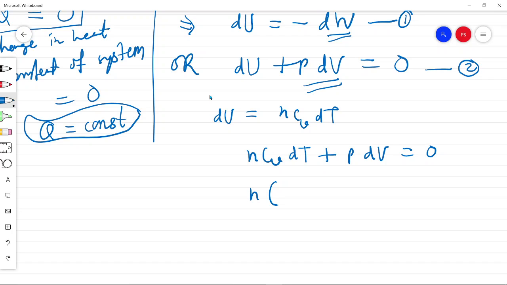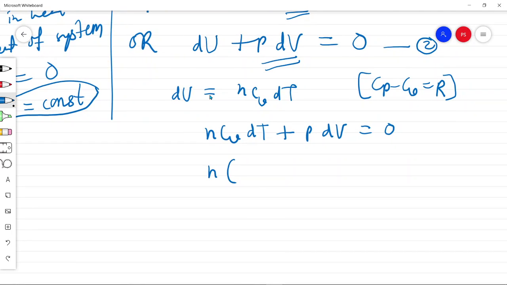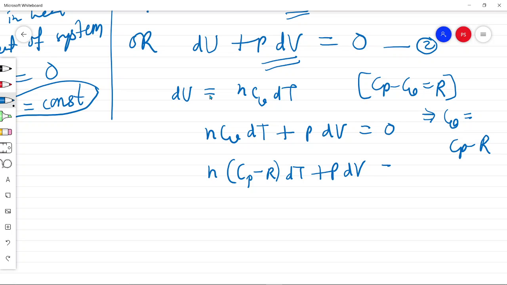If we apply Mayer's relation, which says that Cp minus Cv is equal to R, which also gives us Cv is equal to Cp minus R, here we get n times (Cp minus R) dT plus PdV is equal to 0.